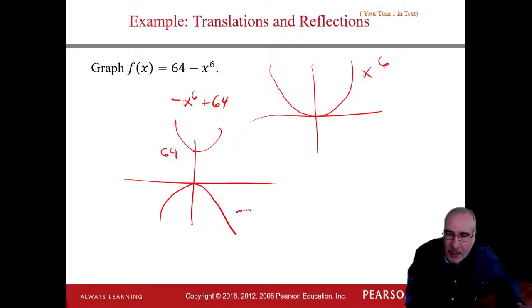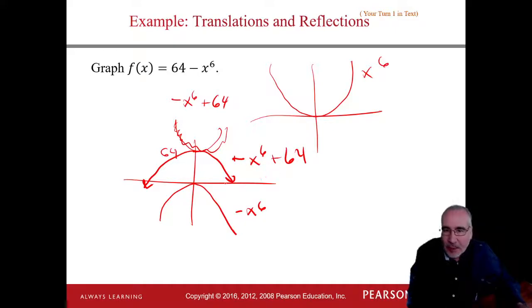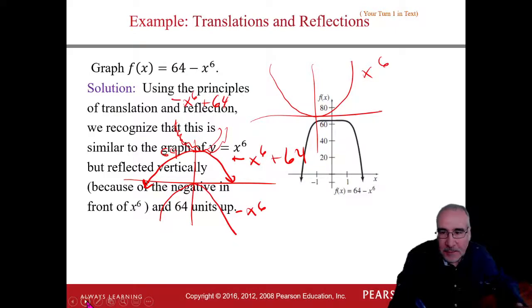So this is the negative x to the 6th, and then when I add 64, let's erase this part, it's just going to move the whole thing up in its current orientation. So this would be minus x to the 6th plus 64, or either way. So that's just an example, and they got it there. Okay, so they did it for us.